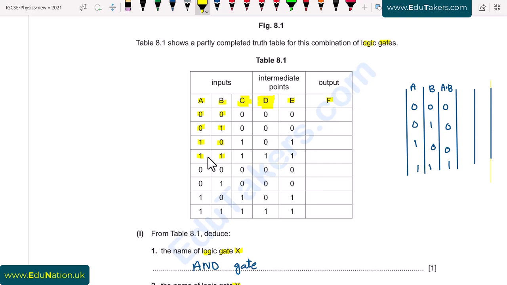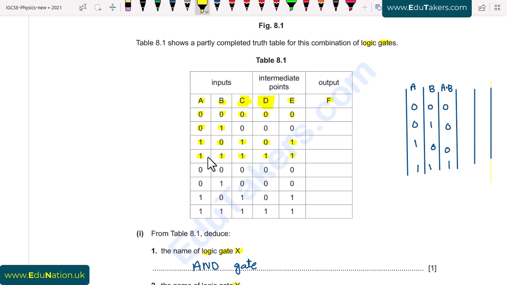First of all, input is 0, 0, output is also 0. Again, input is 1 and 0, output is 1. And then input is 1, 1, output is 1.